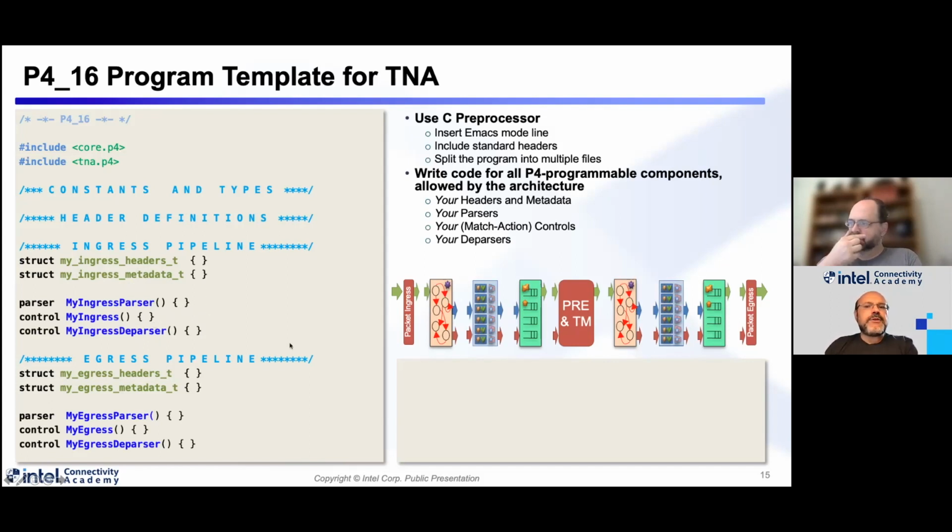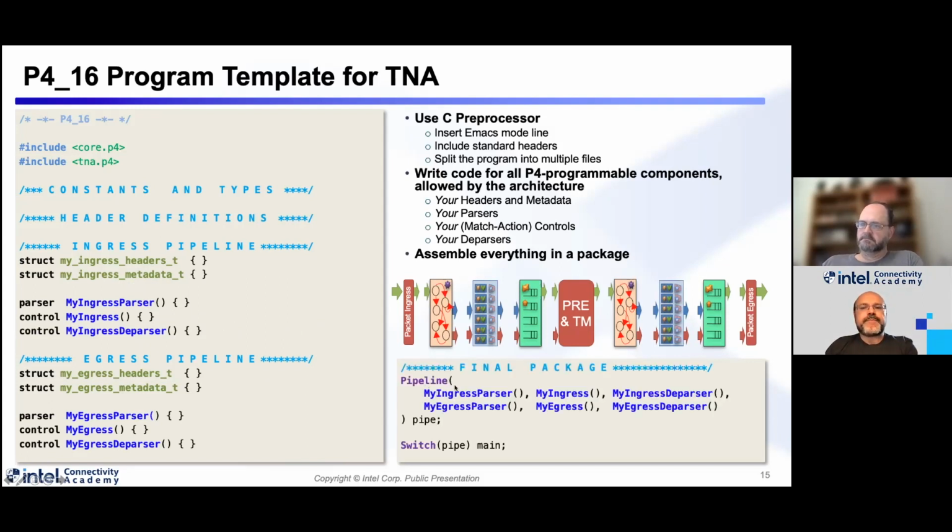And then what we need to do is take these last 6, the ones that I have in blue, and create packages, assemble them essentially so that we can form a full P4 program.